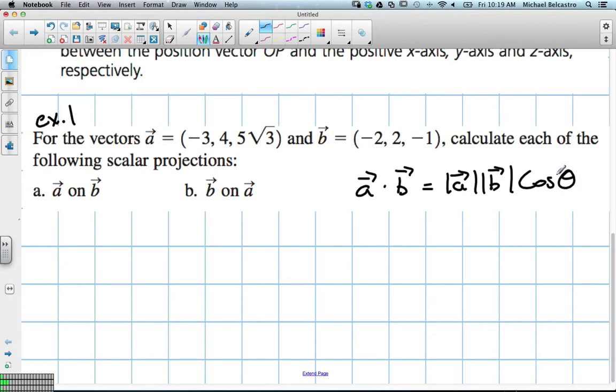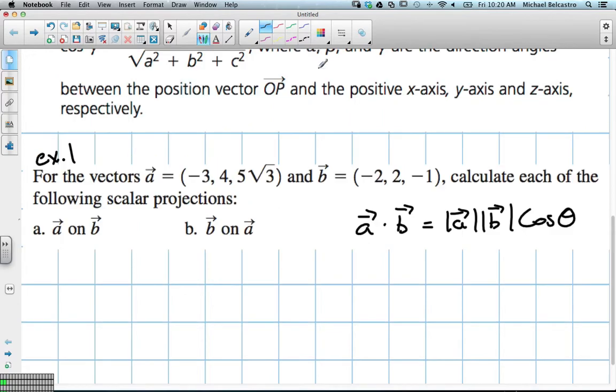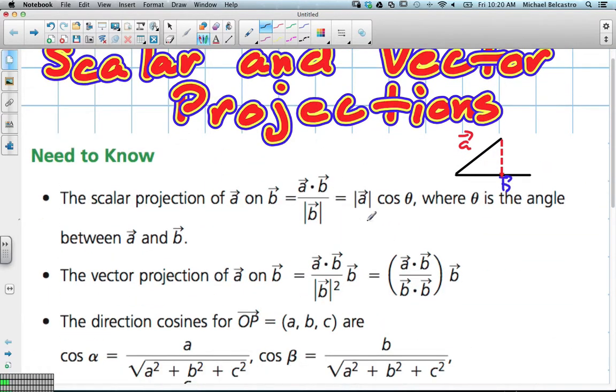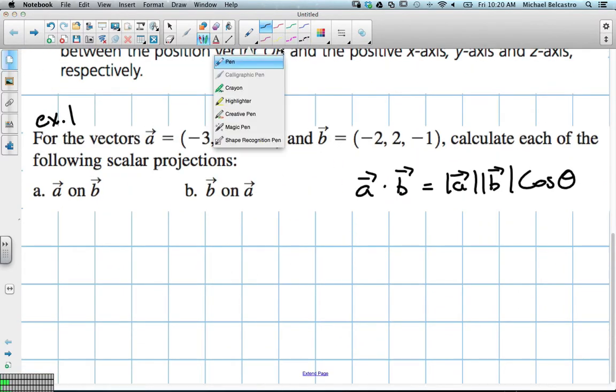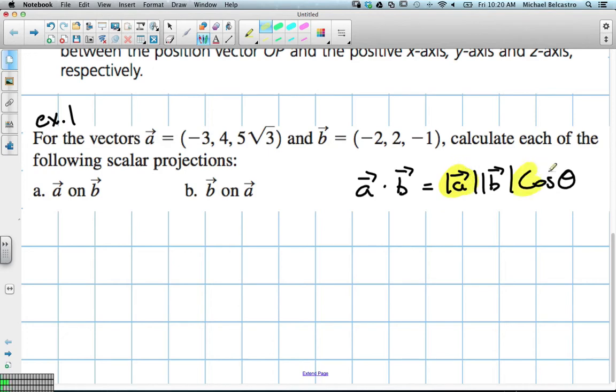We're going to be setting this equal to the magnitude of A times cos theta, which would be our scalar projection of A on B. So the idea here is we're just isolating the magnitude of A and our cos theta. So really, all we need to do is move our magnitude of B to the other side. So we end up with our formula.